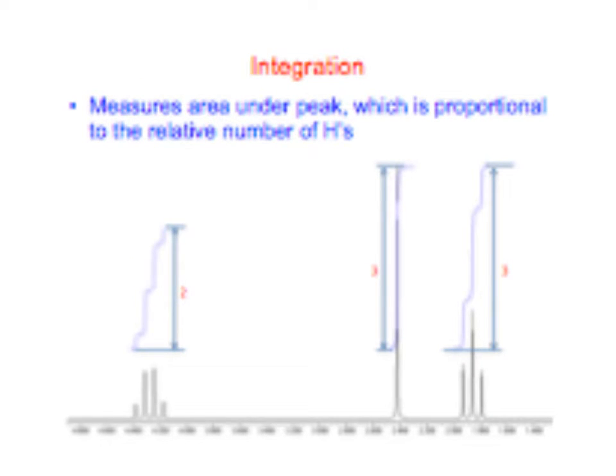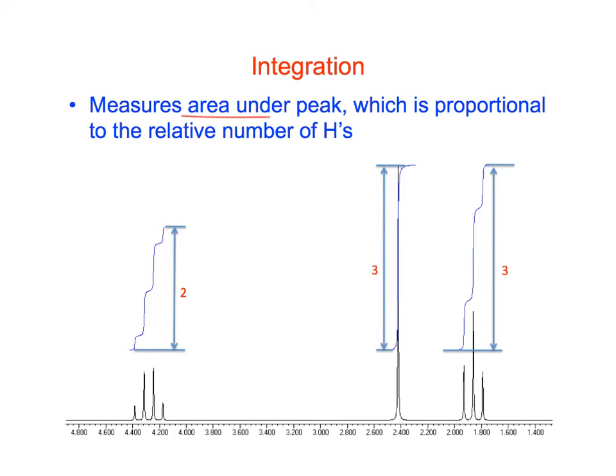Okay, so integration measures the area under the peak. And for proton NMR, that area is proportional to the relative number of hydrogens. It doesn't give us the absolute value, but it gives us a relative value.